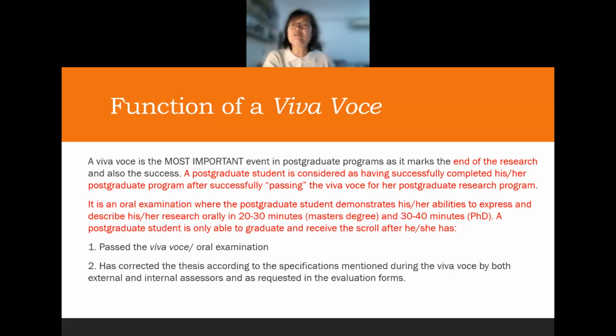You are given 20 to 30 minutes for a master's degree and 25 to 45 minutes for a PhD to tell people what you have done for your research and what you have found. You have to persuade them that the impact of your research is great and positive. Then only can you pass the viva voce.